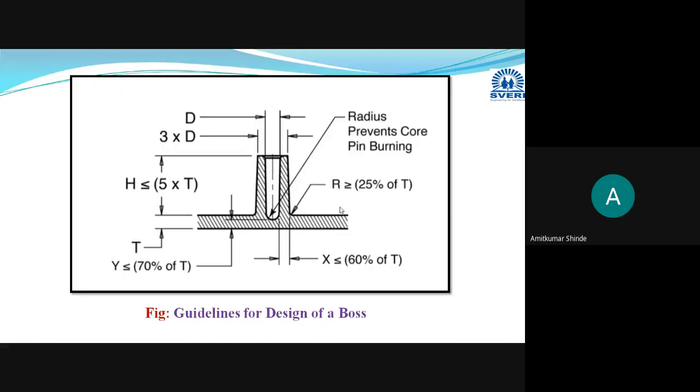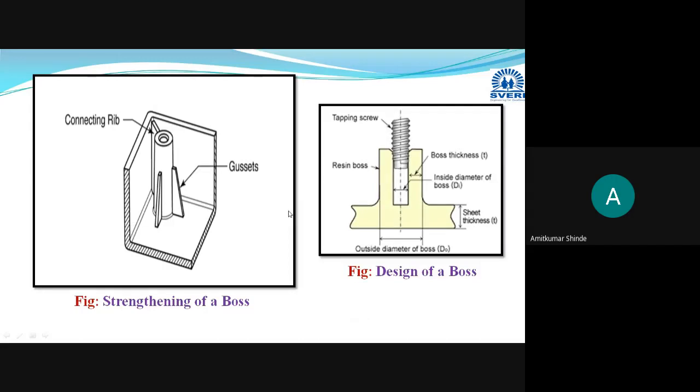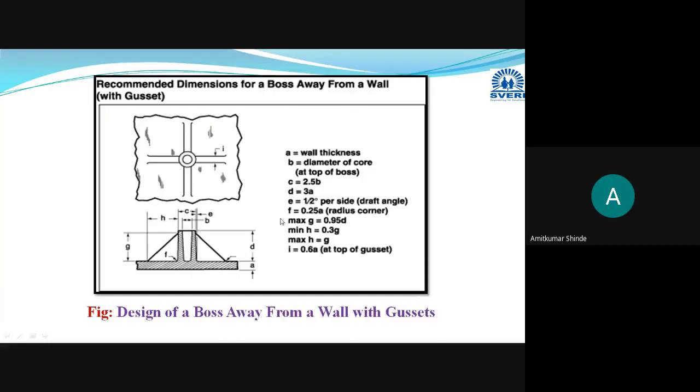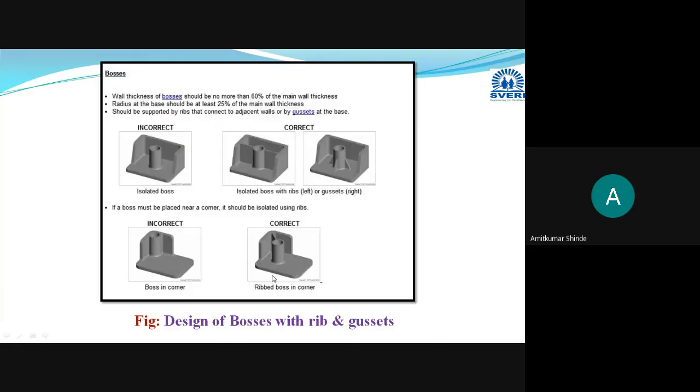What the dimensions should be: inside diameter, outside diameter, thickness, height, and the radius. Then how to design a boss near the wall surface and away from the wall surface, and the correct design of the boss with ribs and gussets.